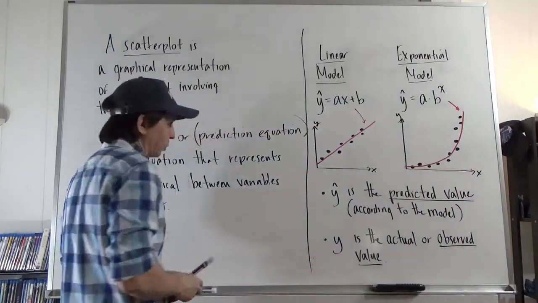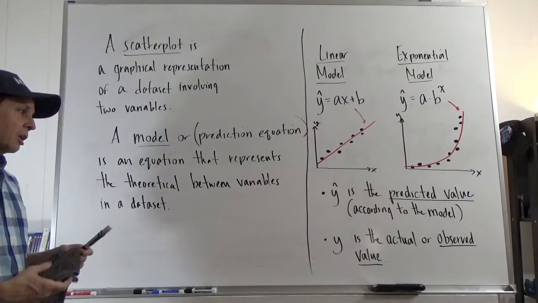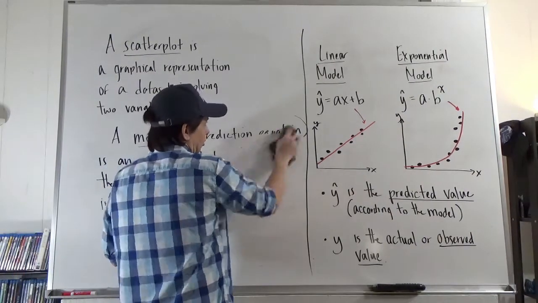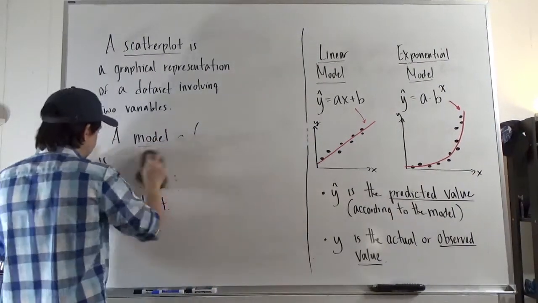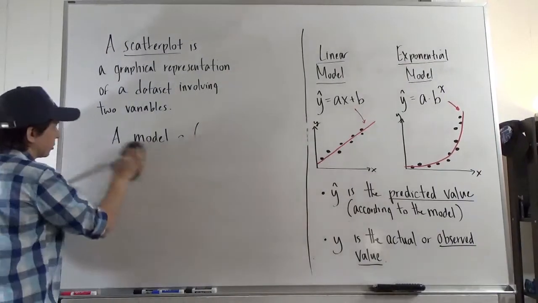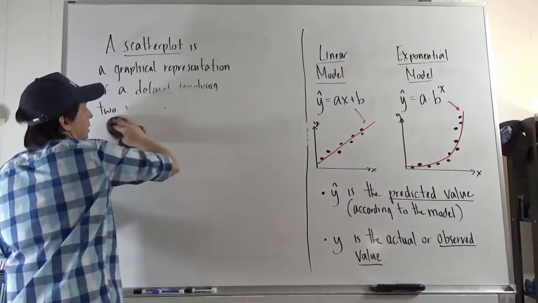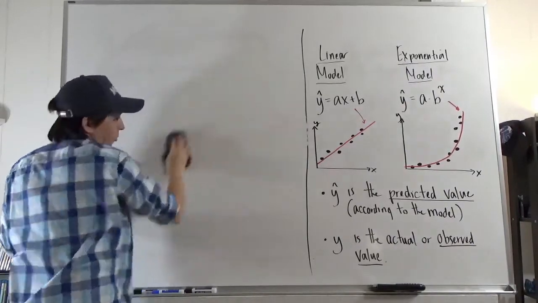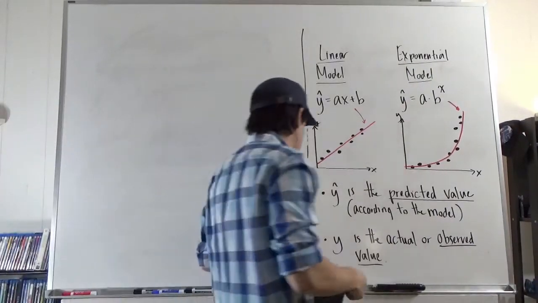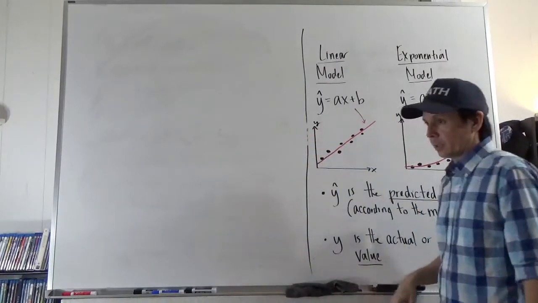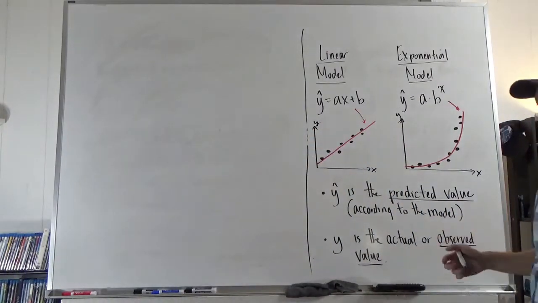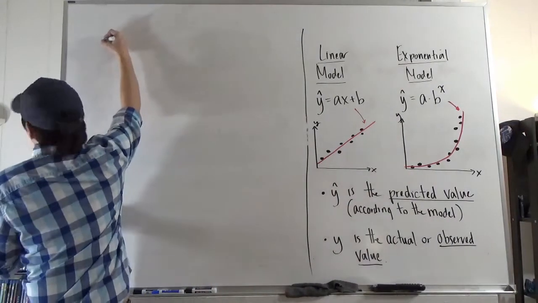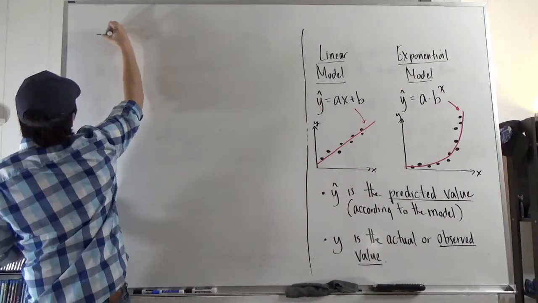Okay, and so the prediction and what's actually observed are not always the same. Sometimes you predict things are going to go well for us and it goes badly. Sometimes you predict the temperature is going to be a cool 80 degrees and it turns out to be 100 degrees. So sometimes your prediction is off from what ends up actually happening. How much it's off by is something we're going to be dealing with, and that is called the prediction error.